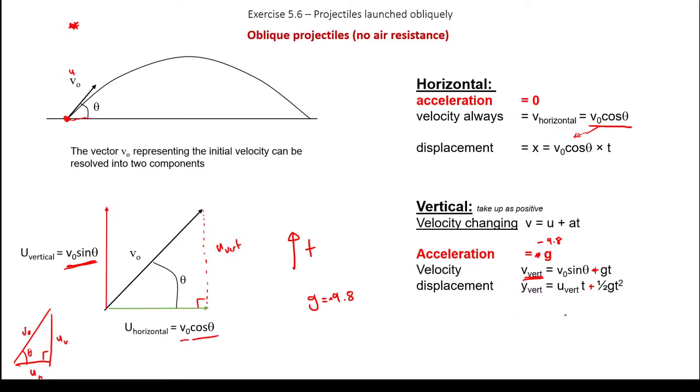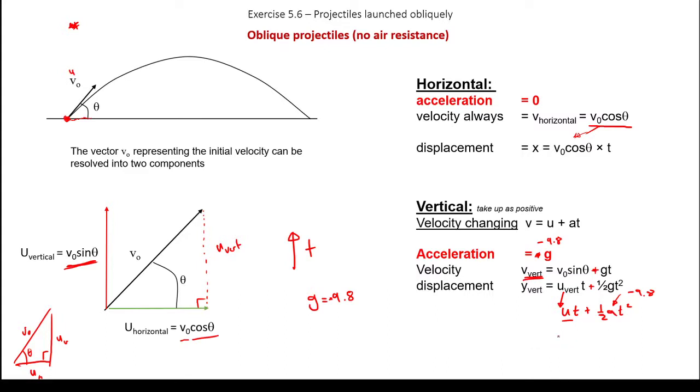Our displacement, same thing. This is using ut plus half at squared, because our acceleration is constant. So in there we put g, which is negative 9.8, and our initial is our initial in the vertical component.